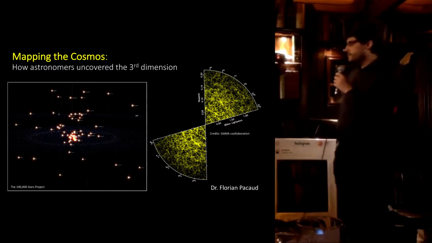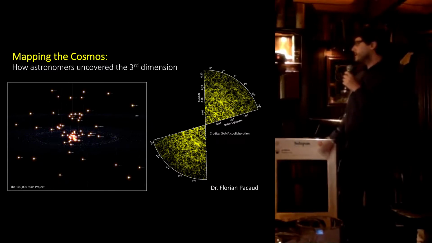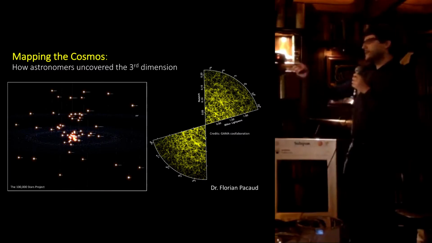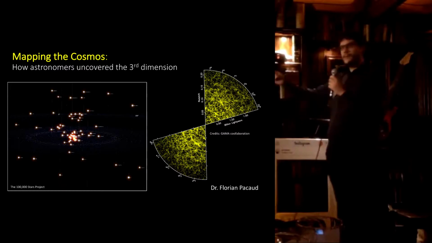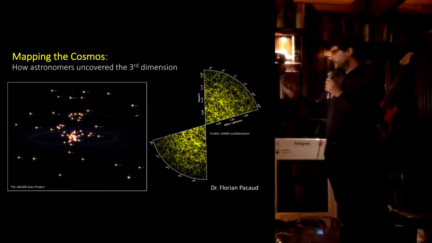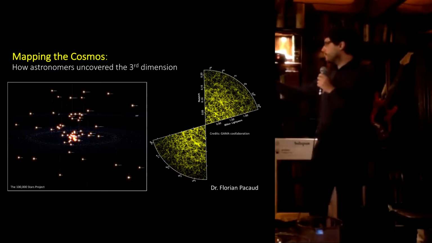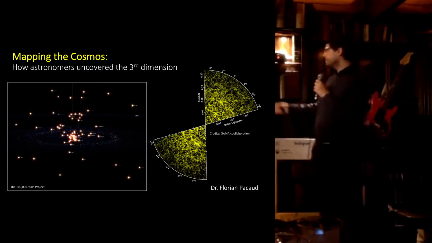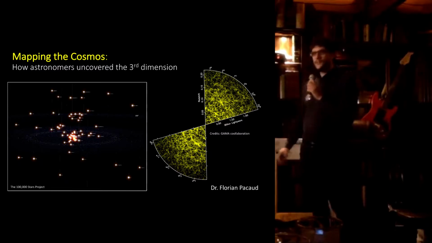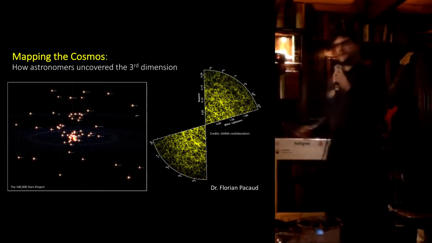And so what I propose to talk about this evening is how astronomers map the cosmos. You have a few examples here with these 3D maps: on the right, a 3D map of the local stars around the Sun, and on the left, the distribution of galaxies around our Milky Way.